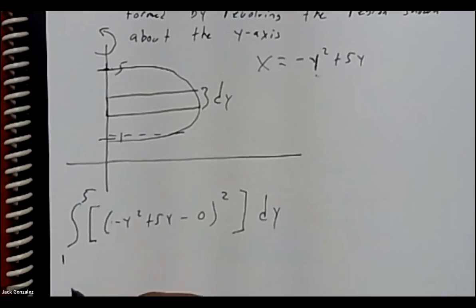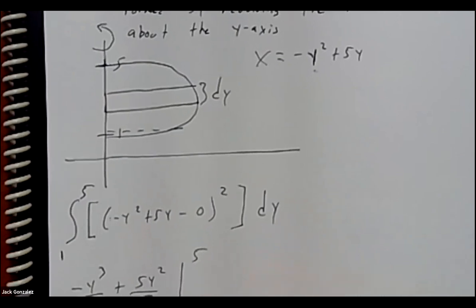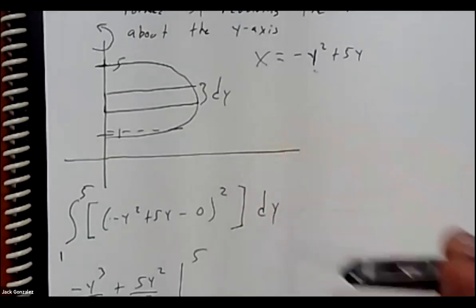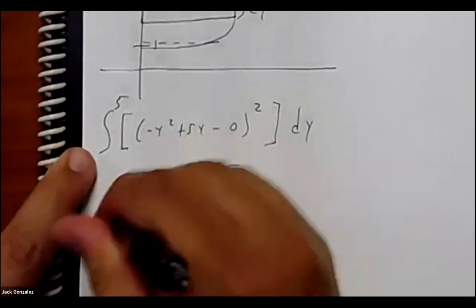So we just integrate like normal, and we're good. Nothing crazy about this. So that'll be negative y cubed over 3 plus 5y squared over 2 from 1 to 5. Oh, that's not true. Forgot the square. That's fake math right there.